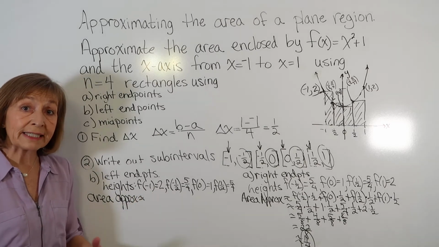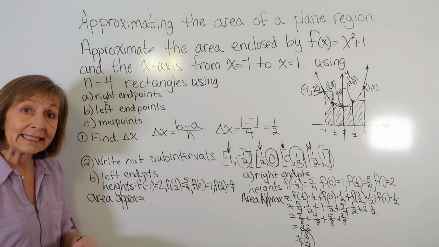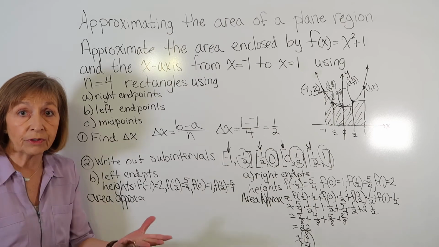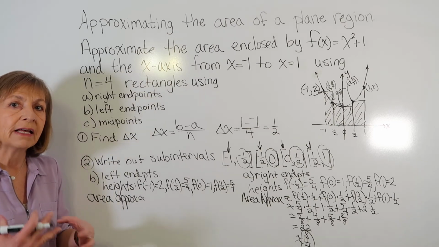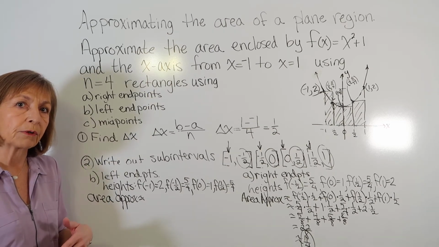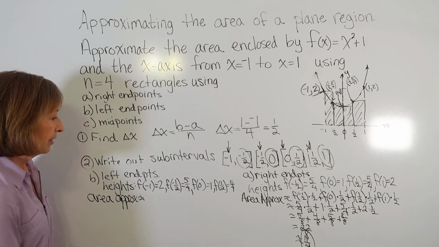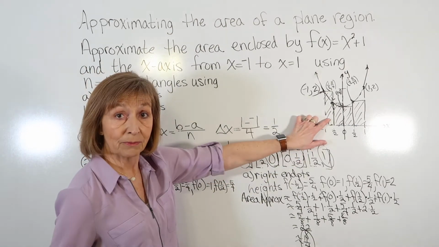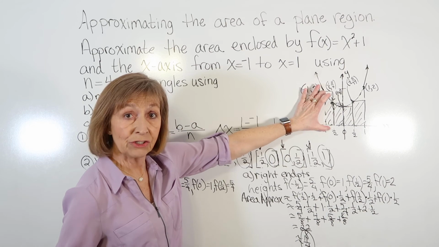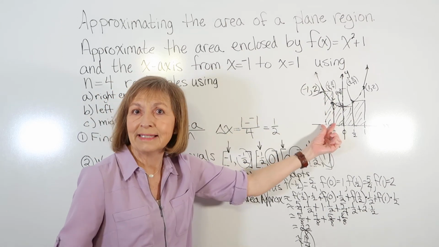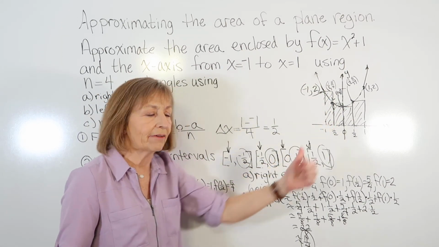Remember, for each rectangle, it's height times width is how we're going to write it, so that we have that thought process notation where we're going to transition to later. So for my first rectangle, my height is 2 and my width is that delta x, which is 1/2.